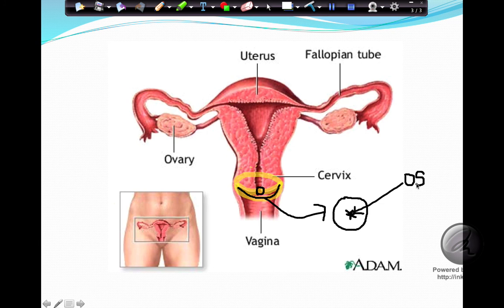The cervical os plays a lot of roles in conception as well as in contraception, so either promoting fertility or trying to prevent pregnancy. The os is often targeted in many barrier methods of contraception.